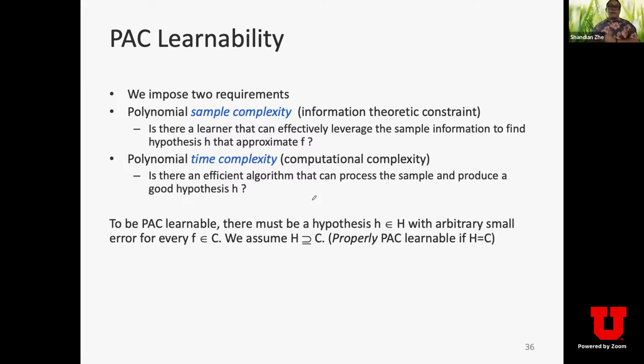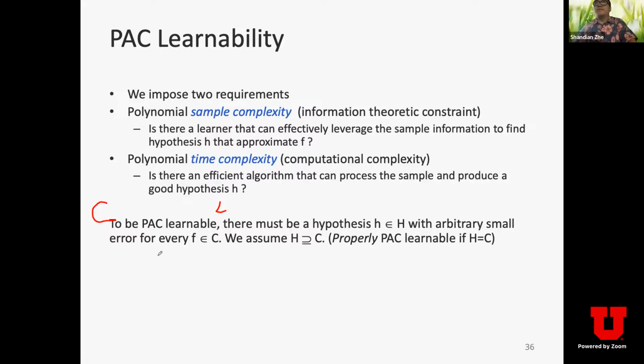Another important insight is that if we really want your type of target functions C to be PAC learnable by your algorithm L, then for every possible target function, we must be able to find a hypothesis which has arbitrarily small error rate.